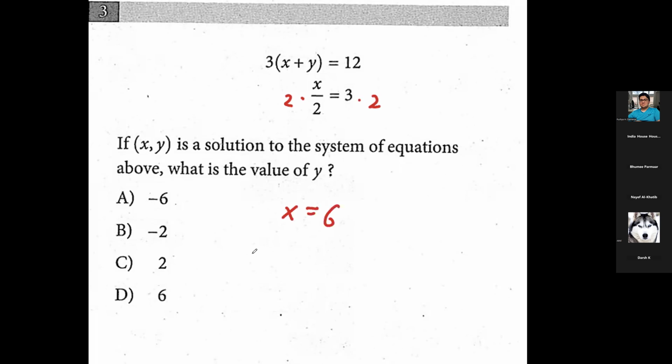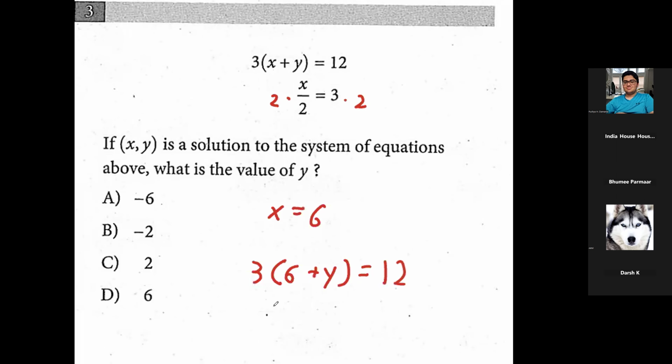Now we just plug into the top equation. So 3 times x, we plug in 6, plus y equals 12. And then we solve for y. So 6 times 3 is 18, plus 3y equals 12.